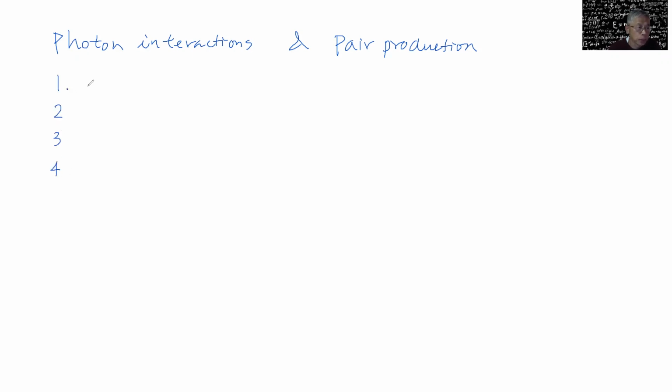So the first one is the photoelectric effect. So basically, a photon shines on the metal plates, and as it shines on it, this plate has the electron that comes out.